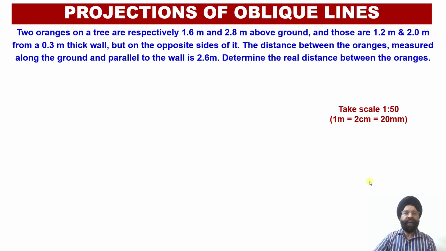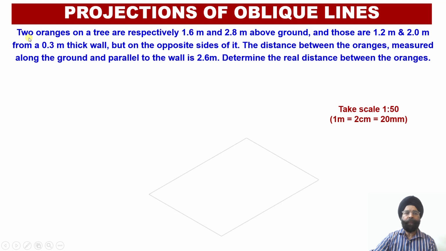So here we have a real life situation which we have to convert into the projections of the oblique lines, and once we convert this real life situation into the orthographic projections, then we will use the principles of rotation of the line in order to evaluate the true length of the line in this particular case.